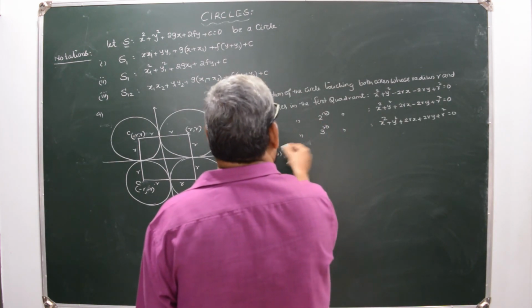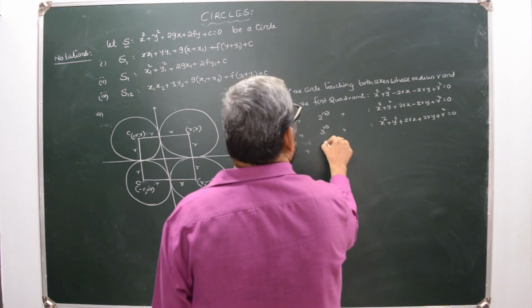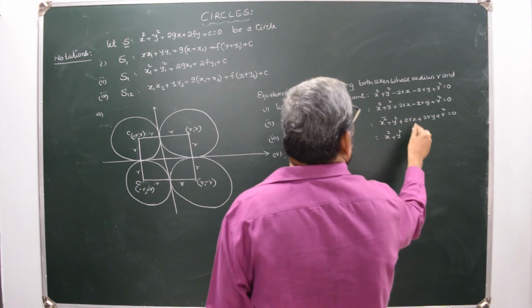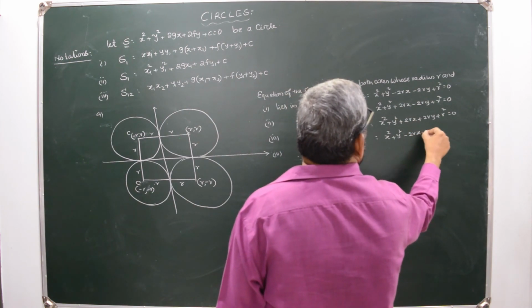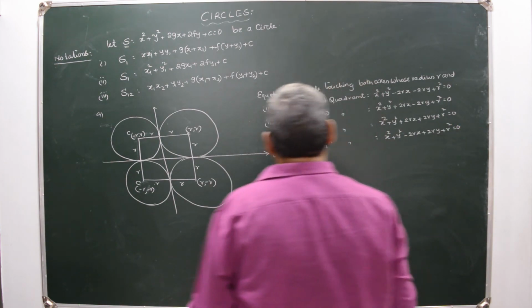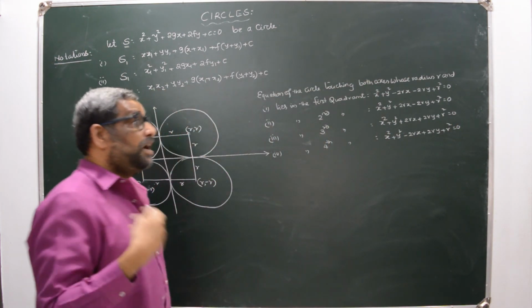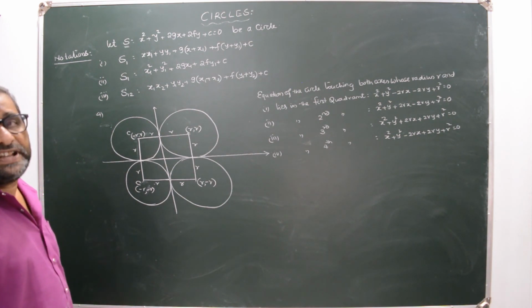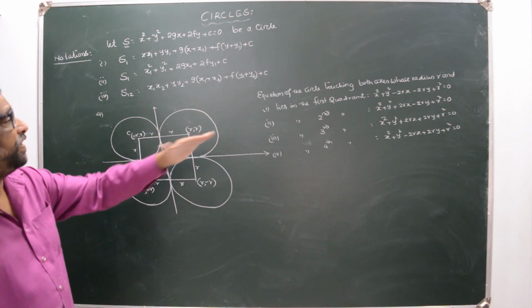Lies in the fourth quadrant: x square plus y square minus 2rx plus 2ry plus r square equal to 0. In general, we write x square plus y square plus or minus 2rx plus or minus 2ry plus r square equal to 0.